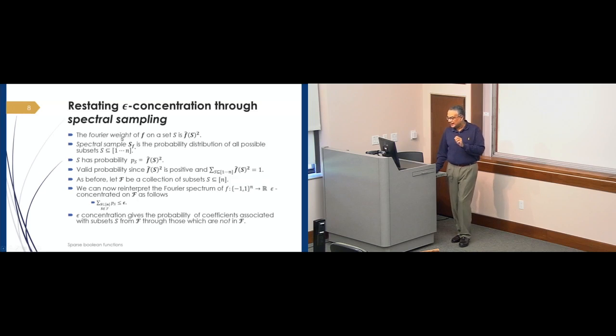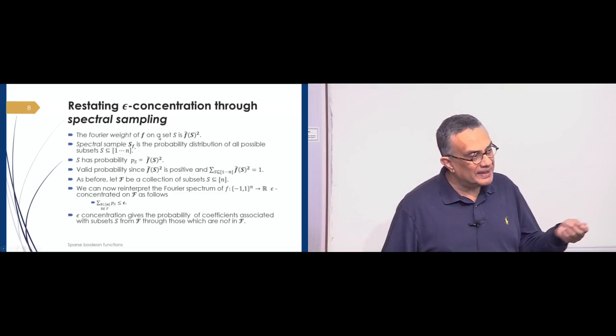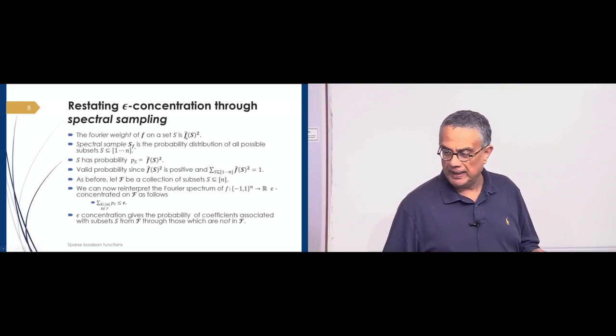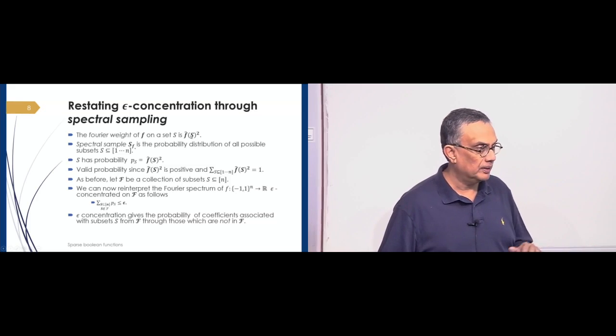We will use a slightly different notational approach and terminology to define the same concept now, because it's more convenient to think about it the way we are about to define. So let's say that given a set S, the Fourier weight, a term we are introducing, of f on this set S is simply f hat S squared. That's just a definition.